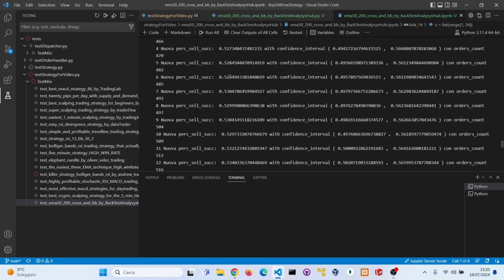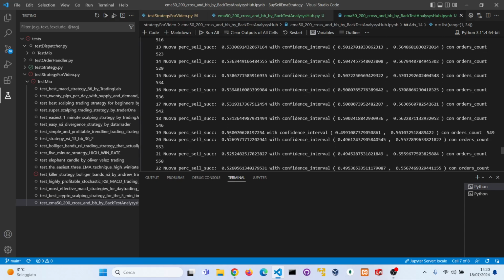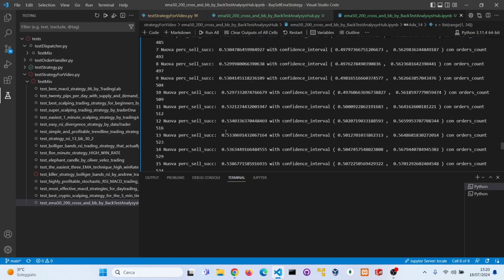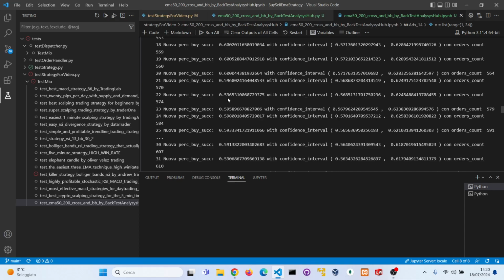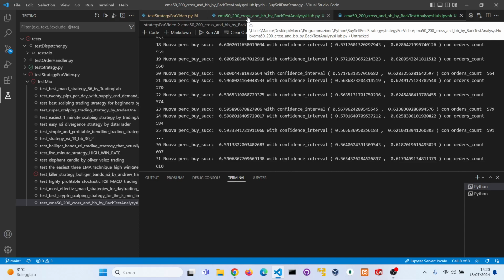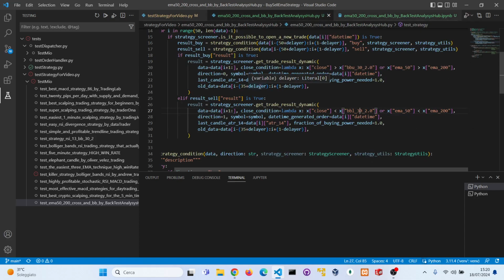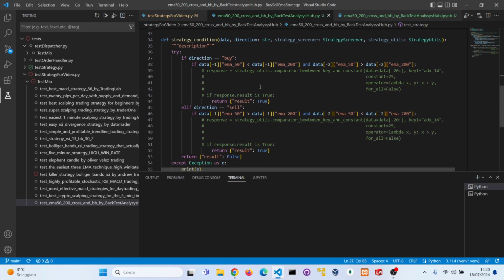And for short positions, it would have been almost 53%. Not as good as long positions, but we have improved the strategy by 2 points for short and 3 points for long. So quite good.